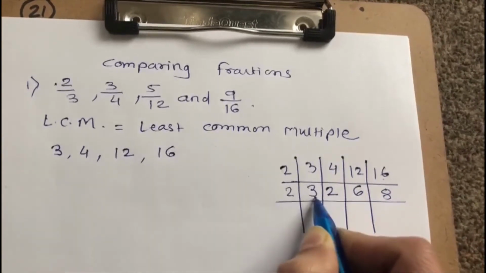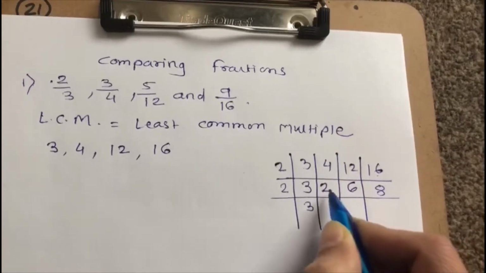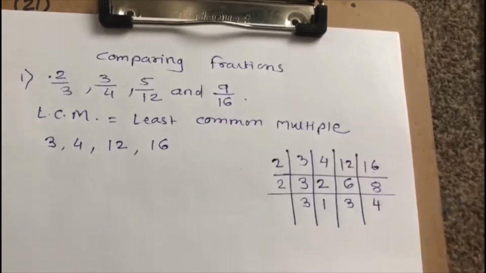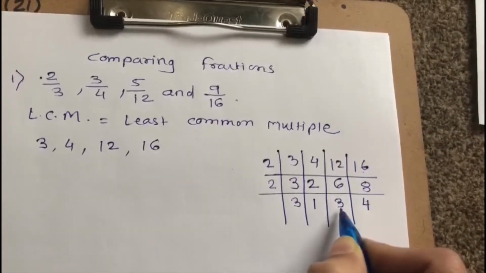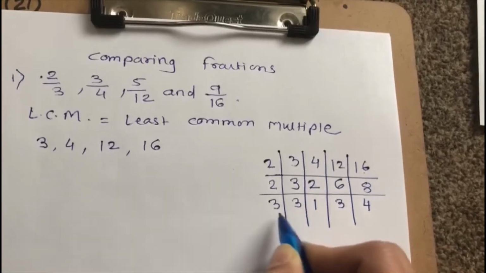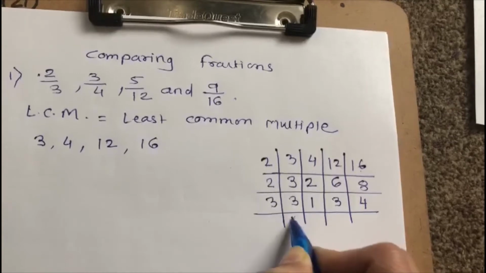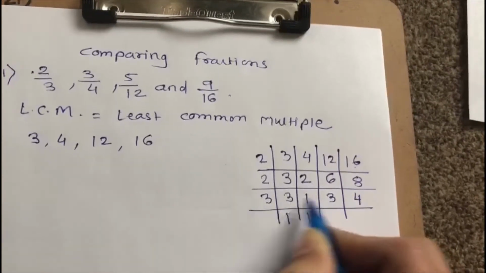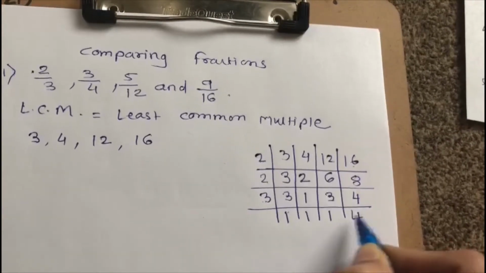We can't divide 3 by 2, so I will write 3 as it is. I write 1, 3 and 4. As you see here, there are two 3s, so I will write here 3. When I divide 3 by 3, then 1 comes, and 1 and 4 will be like that.